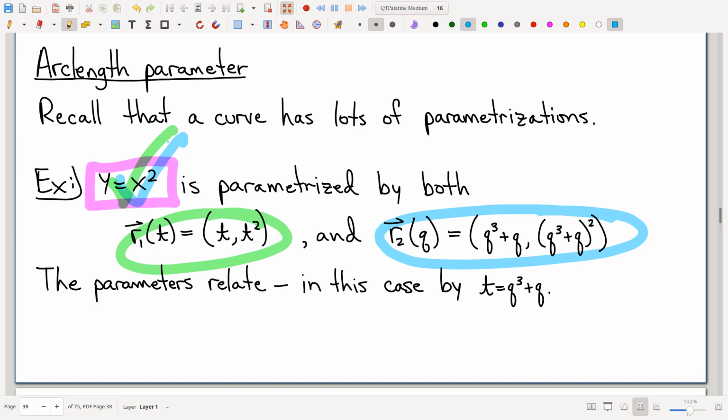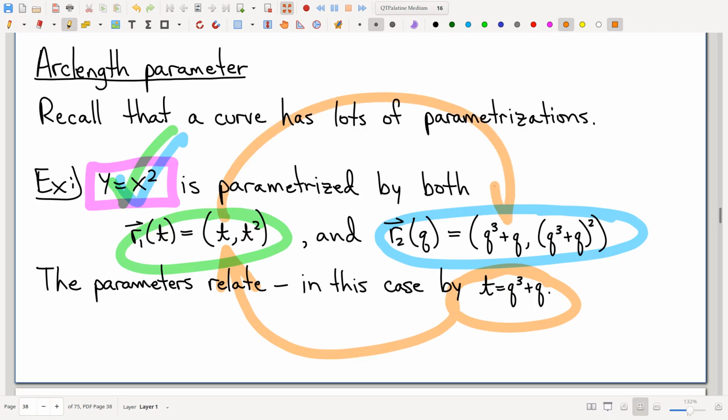So how did I get this parameterization? You might notice that basically everywhere I saw a t, I put q cubed plus q. And the upshot here is that whenever you have a relationship like this between your existing parameter and a new parameter, plug it in.